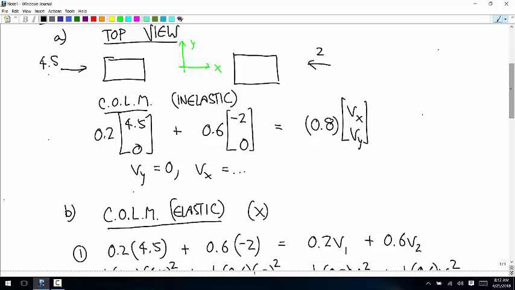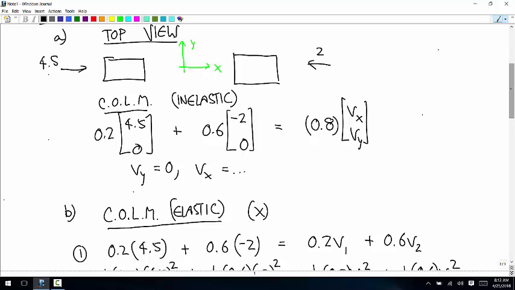So what would happen here? Well, this one has more momentum, right? So when they bounce, you don't exactly know the direction here, but you know that this one is going to be less than a speed of 2 meters per second.